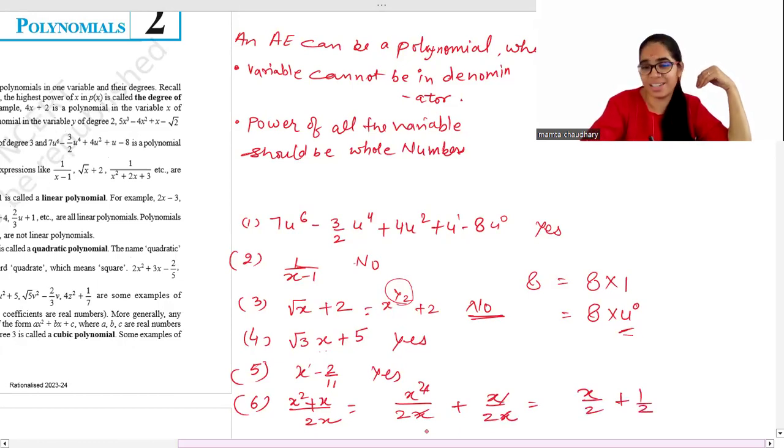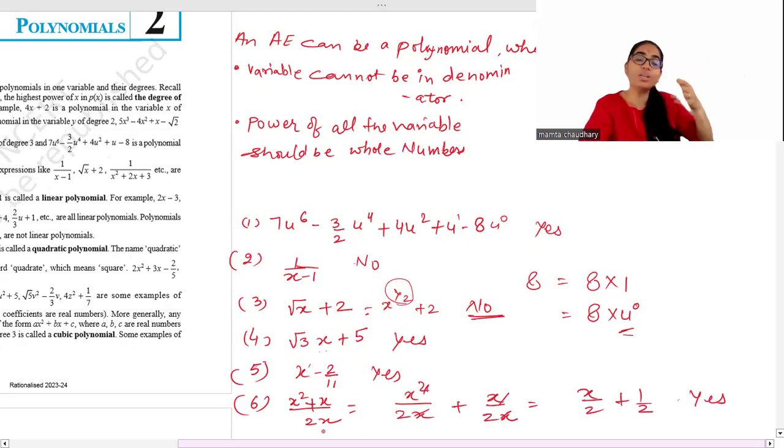Now you can see all the variables are in the numerator with power as a whole number. You have seen that in the starting the variable was in the denominator, but here we can take this variable in the numerator after simplification. So we have simplified and then checked. So yes, this algebraic expression is a polynomial.